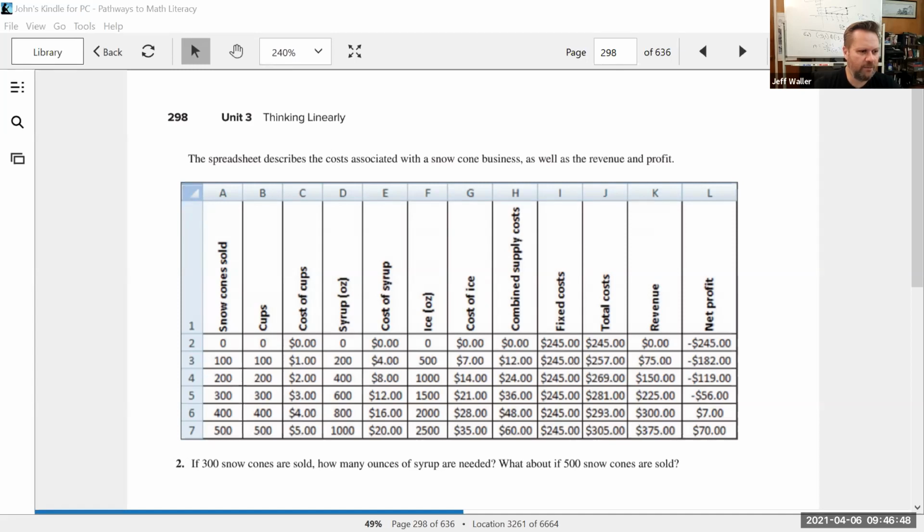I'm sorry, I'm making people want snow cones. But this is a very simple idea in business. How do you get profit? I'm going to have an amount of money that I make. That's my revenue. But is all that profit? No, because you still have your expenses. I have to subtract my costs, right? Profit is revenue minus costs.